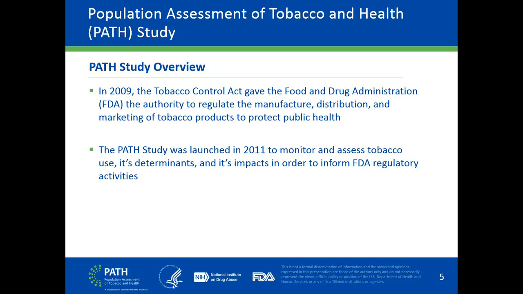In 2011, the initial contract was started, and again the goal here is really to monitor and assess tobacco use, its determinants, and its impacts in order to help inform this new regulatory authority that the Center for Tobacco Products has.